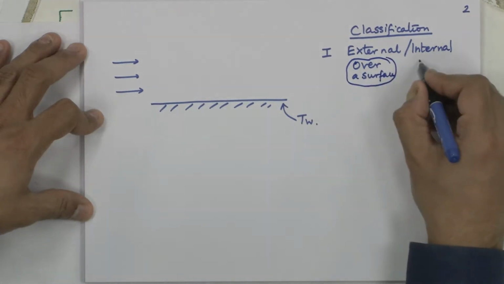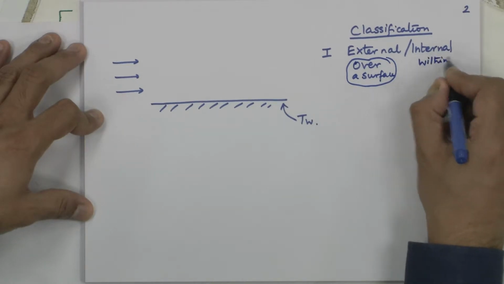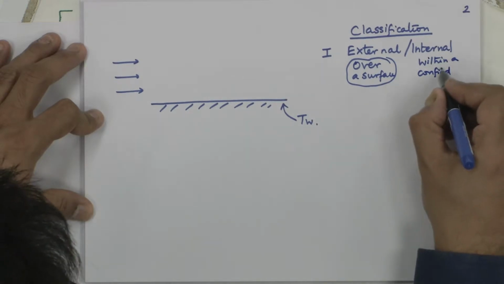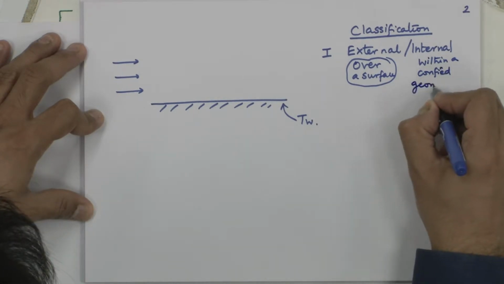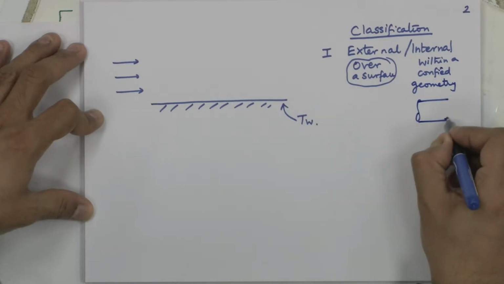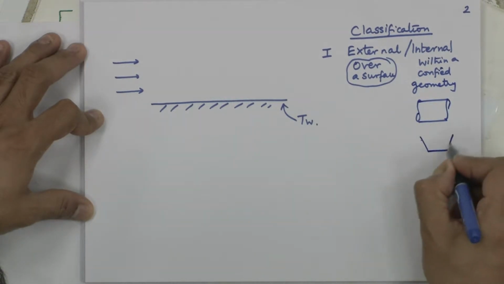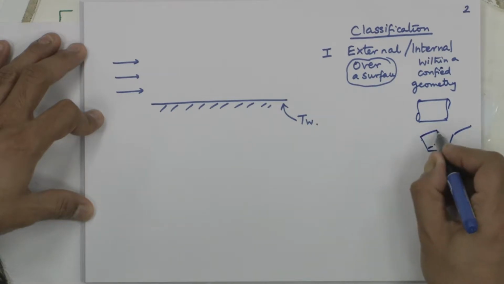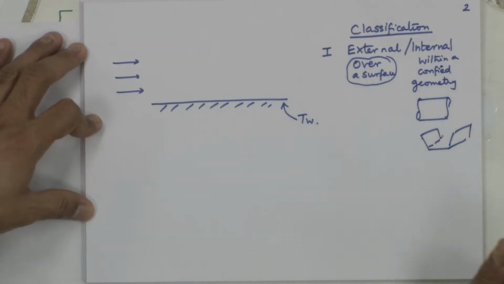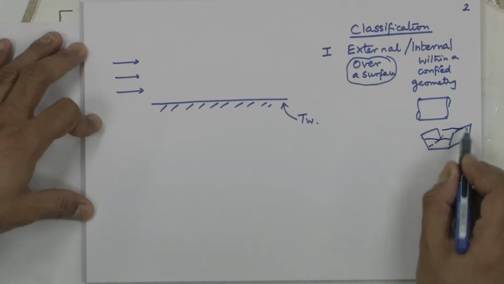Internal flow is flow within a confined geometry. This could be a pipe, this could be an open channel flow like this. Whatever it be, you have a wall, a confined geometry through which the flow is happening.